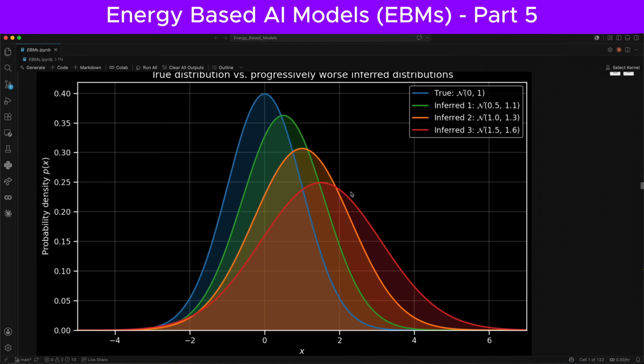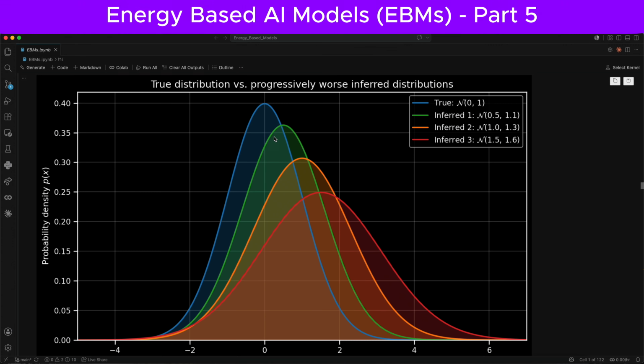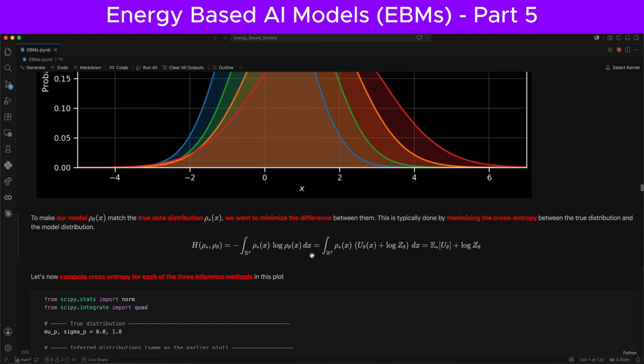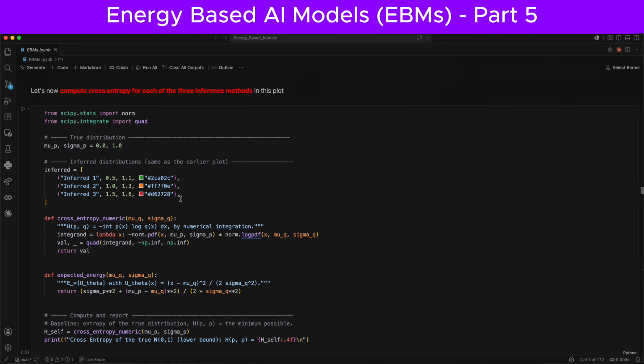Now, to make our model distribution match the true data distribution, we want to minimize the difference between them. This is typically done by minimizing the cross-entropy between the true distribution and the model distribution. The cross-entropy is this integral here, and when we plug in the Boltzmann form of the model distribution, it splits into two terms: the expectation of the energy under the true distribution plus the log of the normalization constant Z. Let's now compute the cross-entropy for each of the three inference methods in this plot.